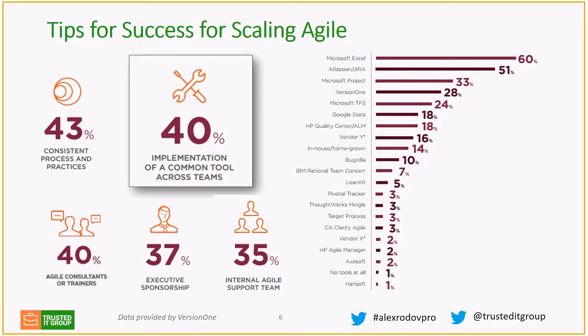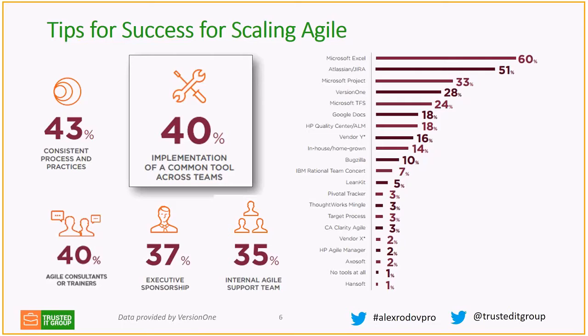Interestingly enough, on the right side on this slide, you can see that 60% of the people are using Microsoft Excel to manage Agile projects. And Atlassian Jira, 51%, Microsoft Project, 33%. So this is the data that's been provided by a completely third party to us.